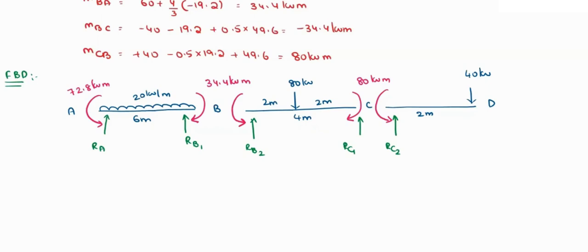For this span, sigma MB will be equal to, which is hogging in nature, minus 34.4 kilonewton meter. So now moment about this point you are going to write.